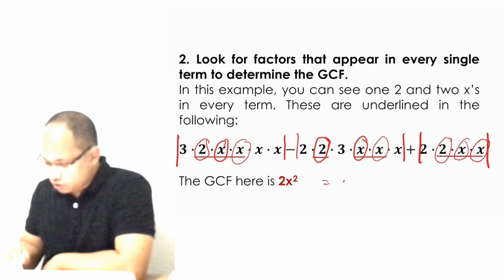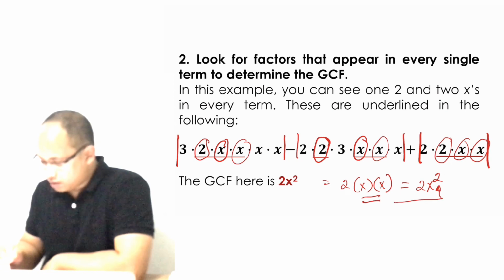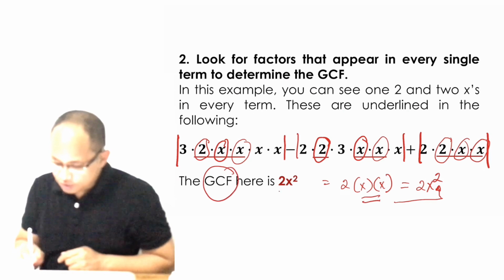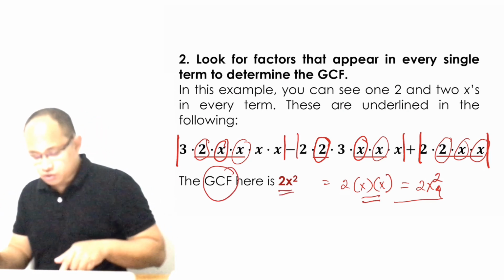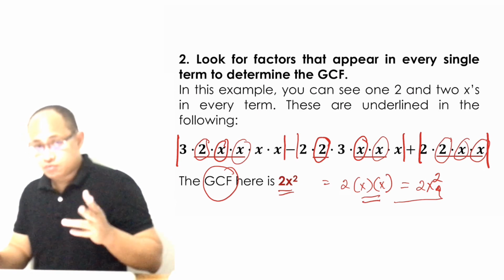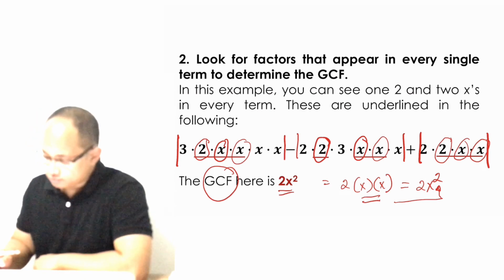It is 2 times x, or this is 2x to the power of 2, because you have 2x, so this means to the power of 2. Alright, so our GCF is 2x to the power of 2. For the expression 6x to the power of 4 minus 12x to the power of 3 plus 4x to the power of 2, its GCF is 2x squared.